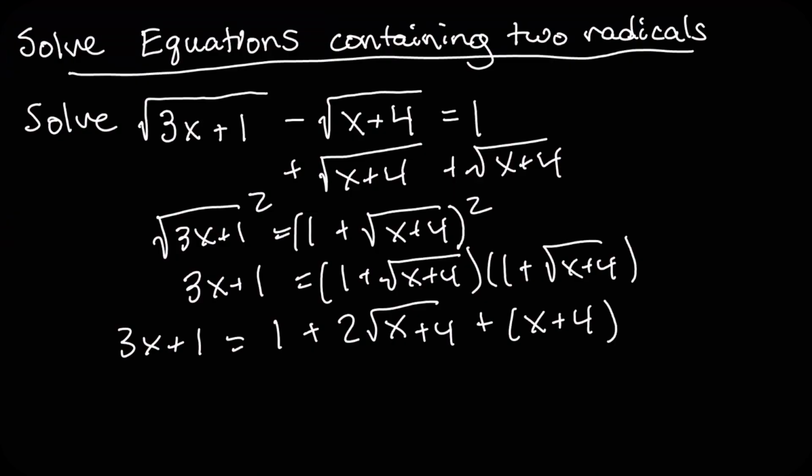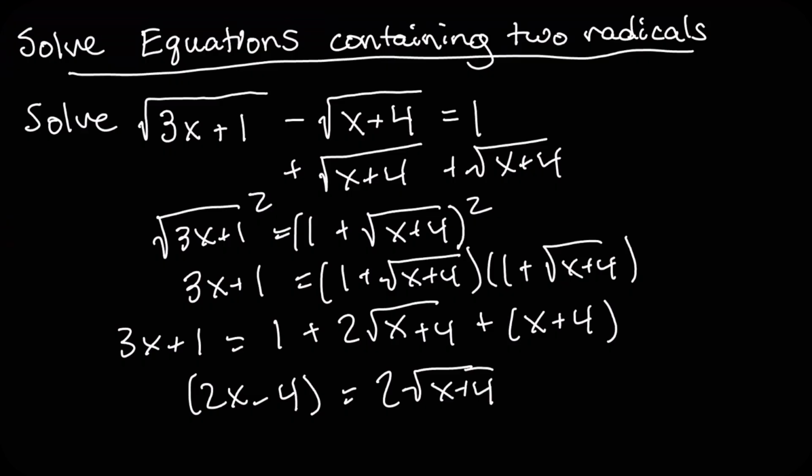Alright, and then go ahead and see if you can get one of the radicals over to another side again. So we're left with 2x minus 4, and this is going to be equal to 2 times the square root of x plus 4.